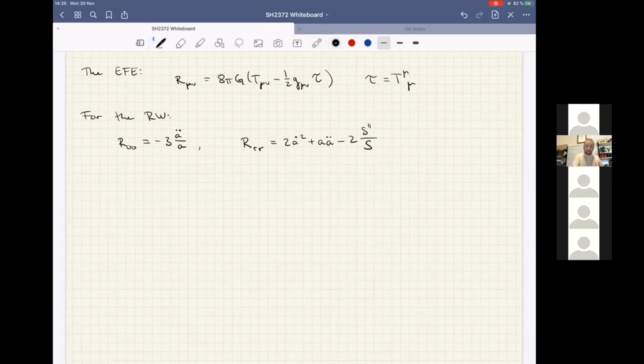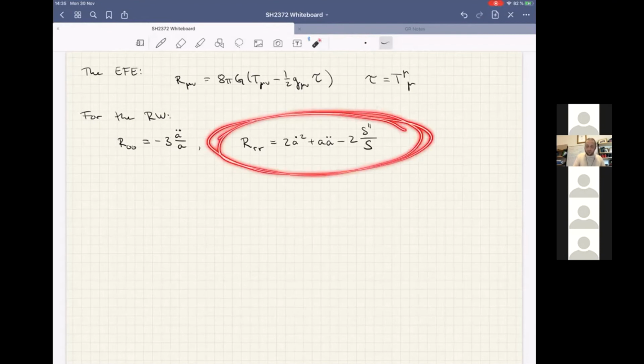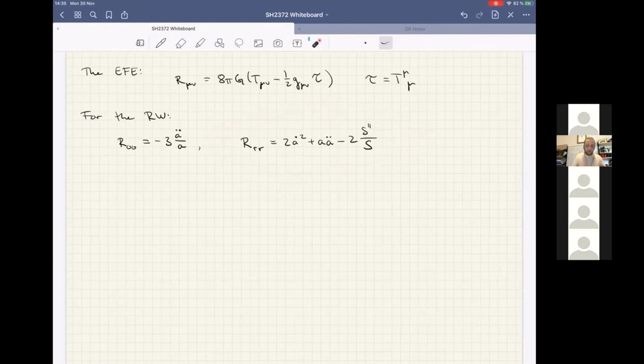Now, when we look at the Einstein field equations, thanks to the spatial symmetries, we're going to get the same resulting equations from the other spatial coordinates as if we were looking at the RR element. So the full set of Einstein field equations is described by the 0,0 component and the RR component.